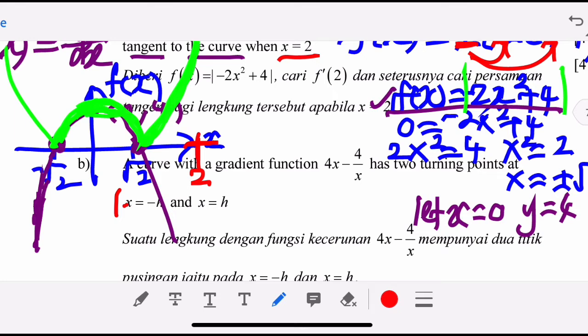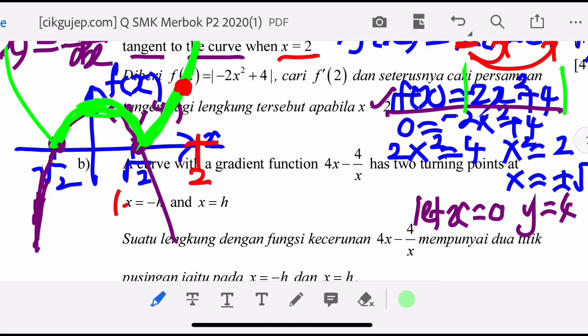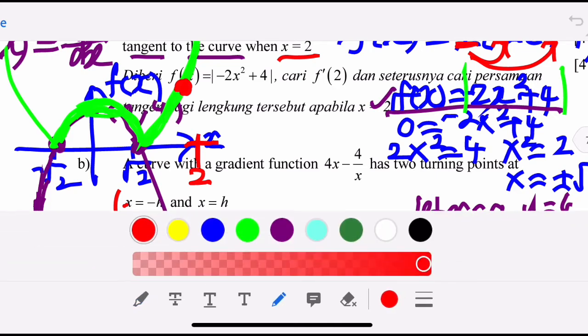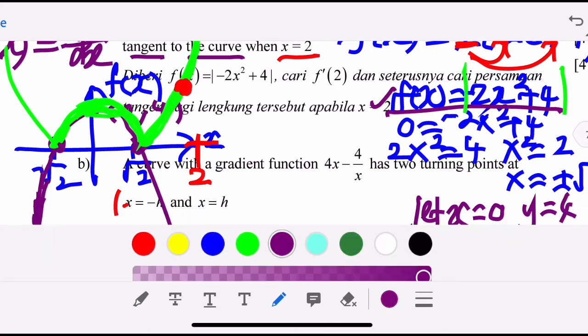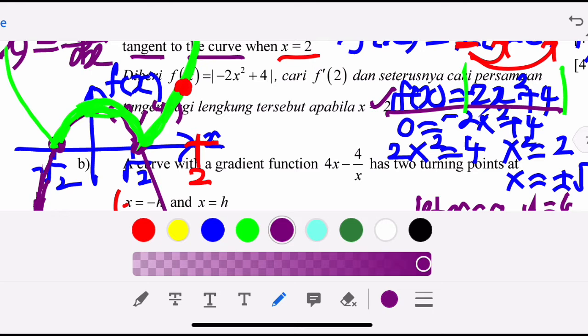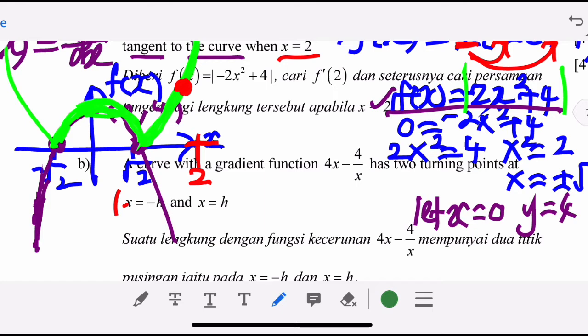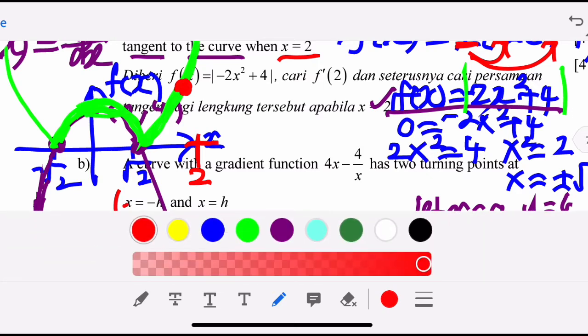So at this point on the curve you're asked to find the equation of tangent. Before you can find the equation of tangent, you must have the gradient of tangent. Now let's sketch the tangent. What does tangent actually mean? A tangent is a straight line that touches the curve at a point. So I'm going to sketch it now.